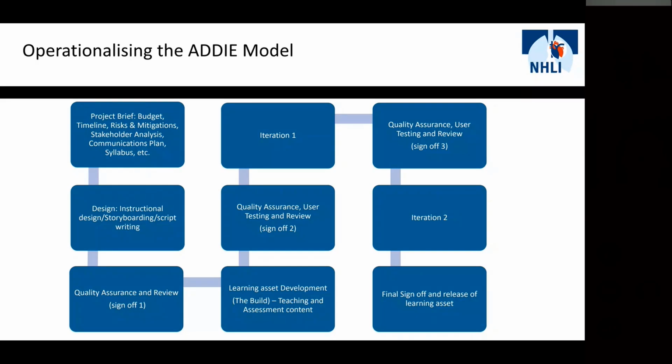Just pull that asset out, go back to the design stage and discuss the storyboard and essentially what changes need to happen. It's important that the workflow that I'm showing you on screen isn't disturbed or disrupted in that way, because then of course you're going to get backlog and it'll affect your delivery dates. So once we're happy with the learning asset as is, go through to final sign-off and release of the learning asset via the VLE to students.